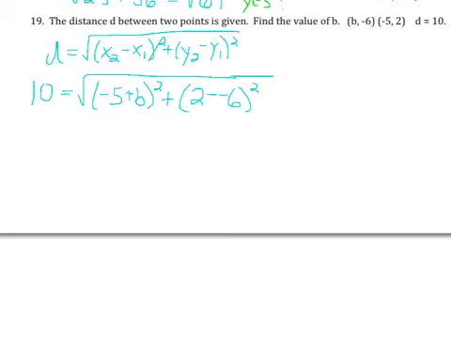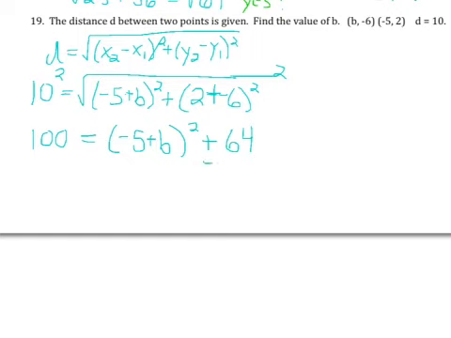Okay, so I want to get rid of this square root. So I'm going to square both sides. So now I have 100 equals -5 plus b squared plus 2 minus a -6 is the same as 2 plus 6, which is 8, and 8 squared is 64.